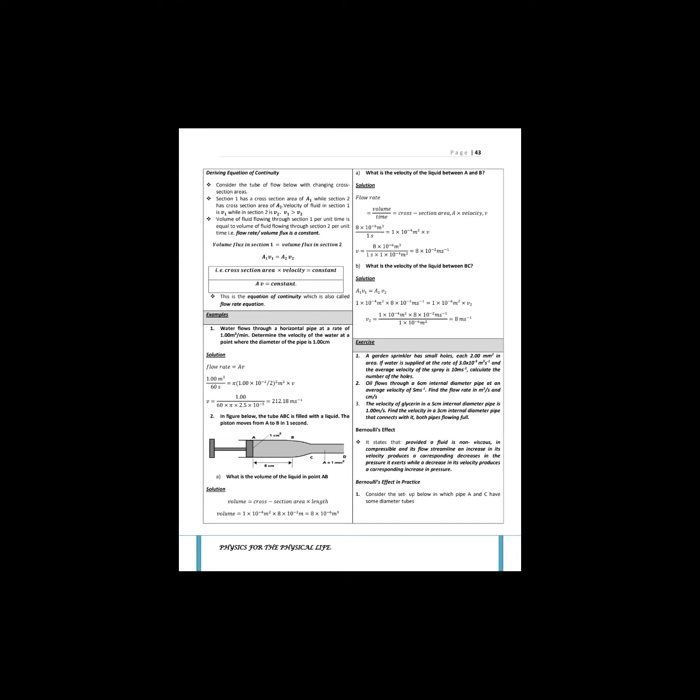Instead of minutes, we change to seconds. So our flow rate for this case will be 1 cubic meter over 60 seconds, so that we deal with values in SI units. We have already changed the diameter to meters, meaning the answer we get for velocity will be in SI units.